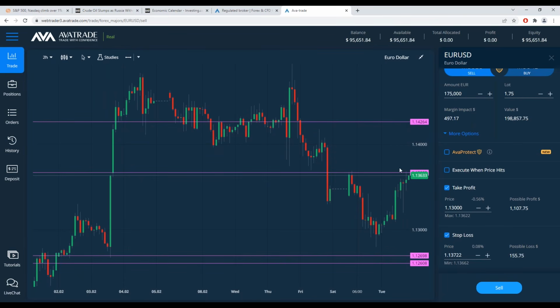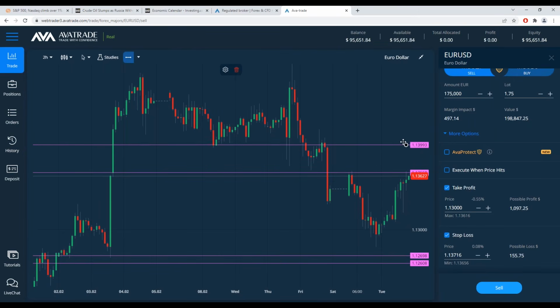If it breaks this resistance level here, then I'm out. And I still would make a larger potential profit than risk. Okay, so you have different options there. You don't have to only put it just beyond the first resistance level. You can look and say, I'll put it beyond 2 resistance levels if you wish. Okay, that's up to your strategy, your risk management.